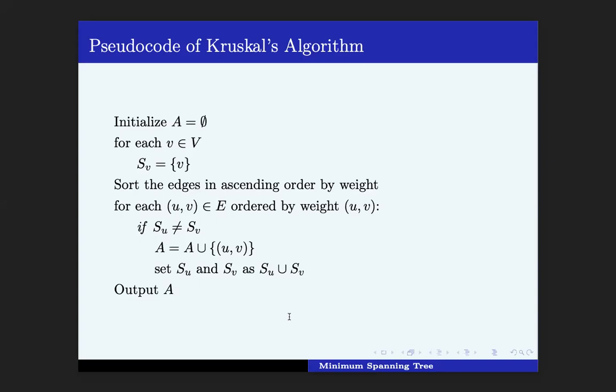If two vertices belong to the same connected component, then the edge connecting them will certainly form a cycle. If they come from two different connected components, then they will not form a cycle. And this is all that you have to keep in mind.